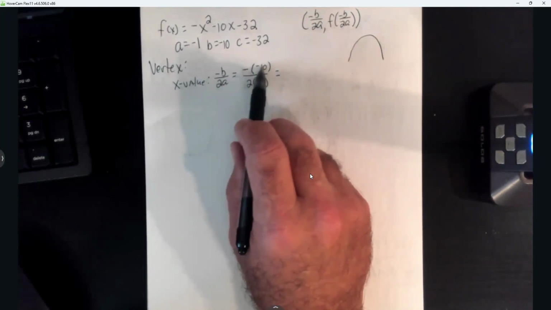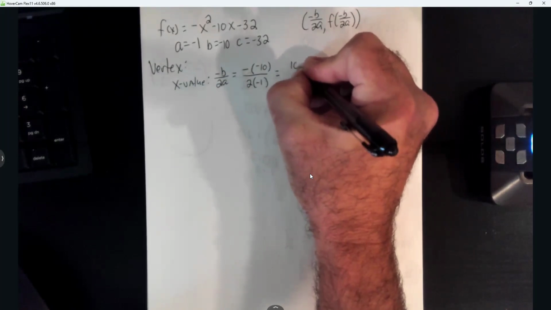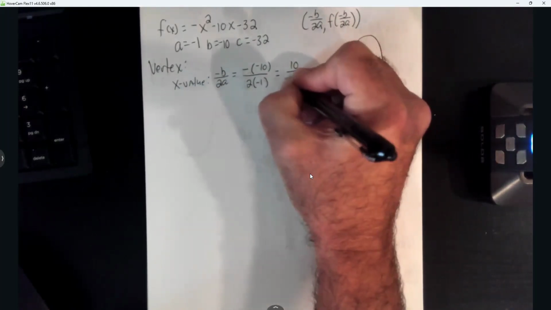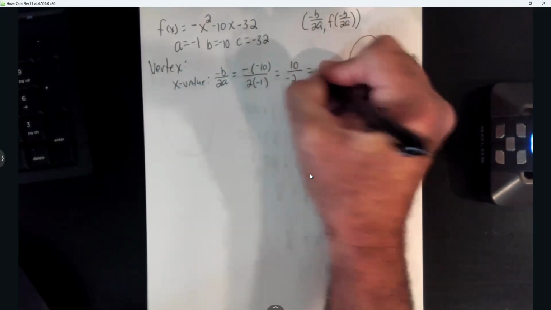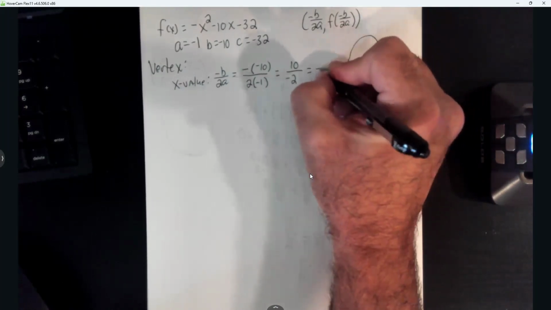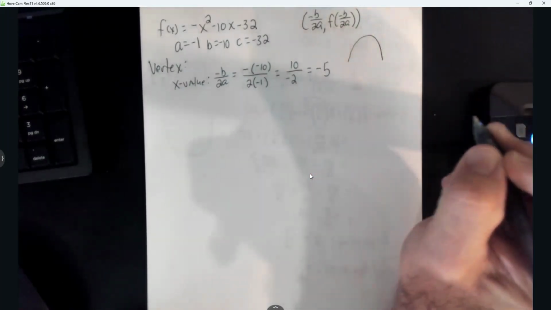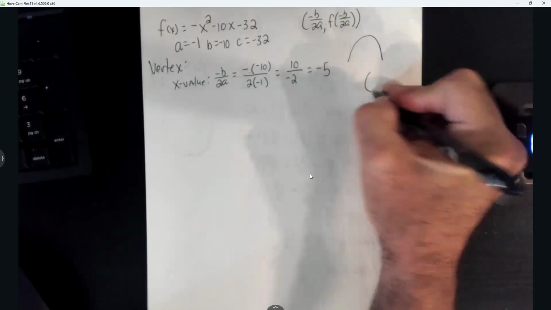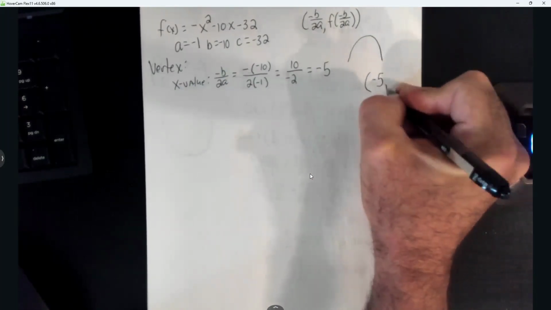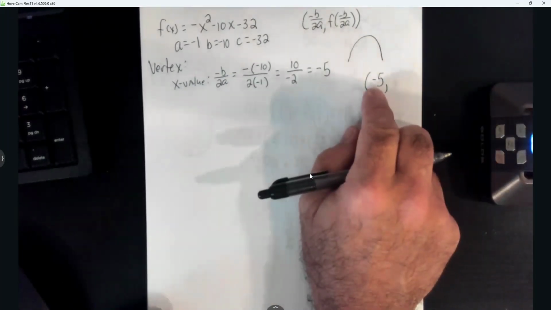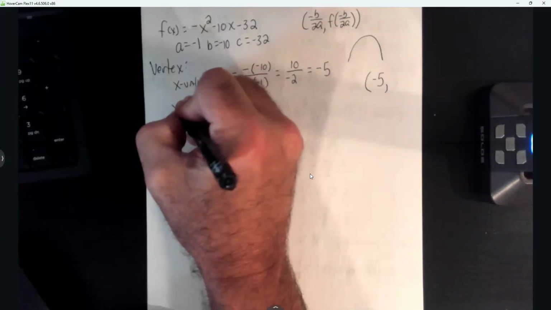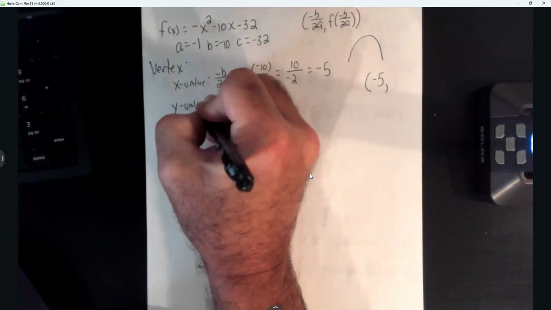So you're going to have a positive 10 over a -2, which gives me an x value of -5.